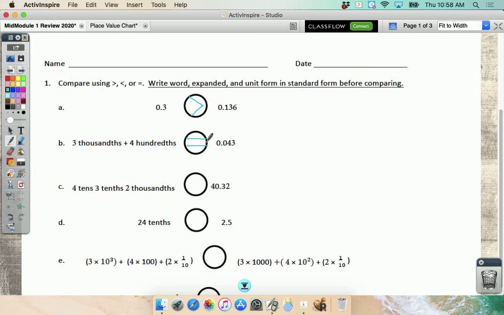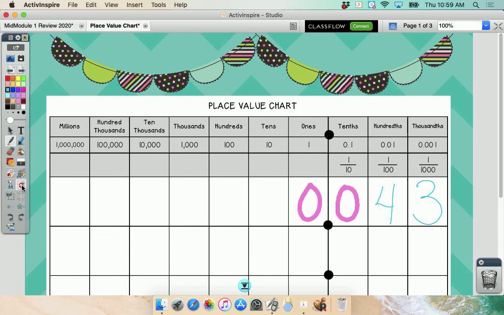It says 4 tenths, 3 tenths, 2 thousandths. So I'm gonna need a copy of this. So on my place value chart, let's see if I can just take that all off. 4 tenths.